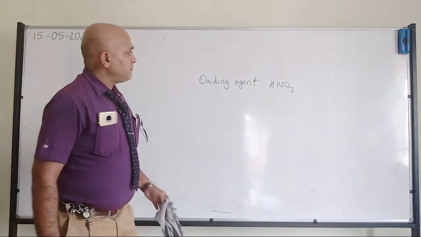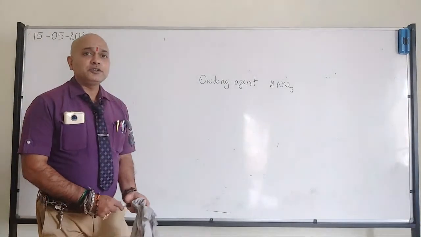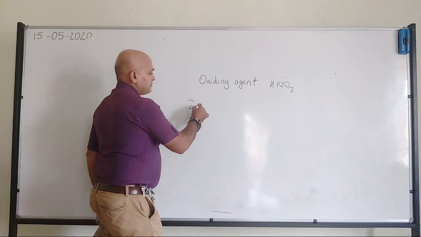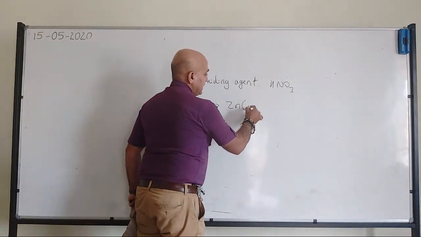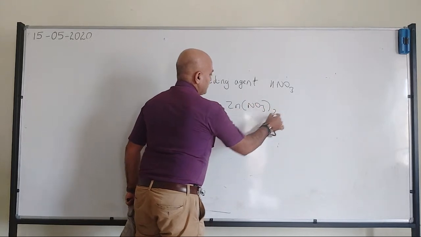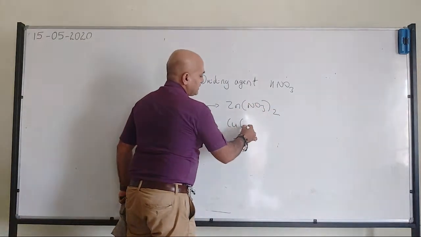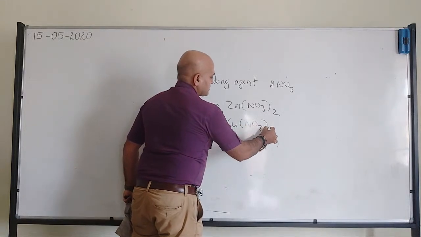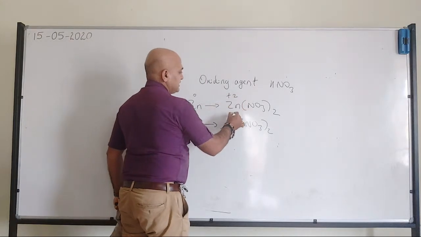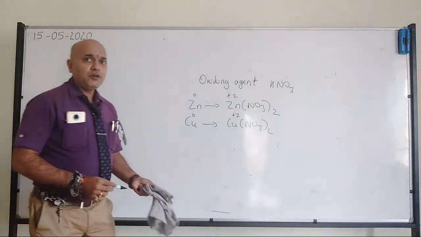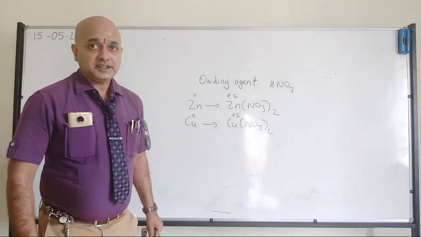For example, we had zinc, which will get converted into zinc nitrate, Zn(NO3)2. Same way, copper to copper nitrate. So what I mean to tell here is from zero oxidation state, they are getting converted into +2. That shows the strong oxidizing character.